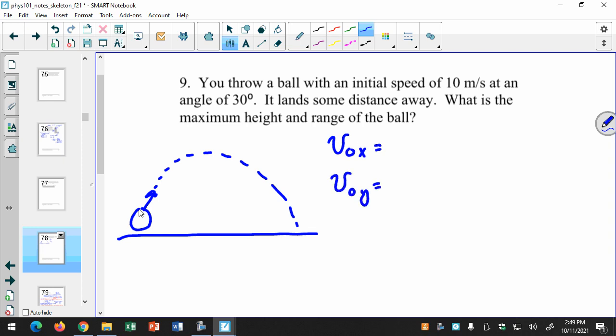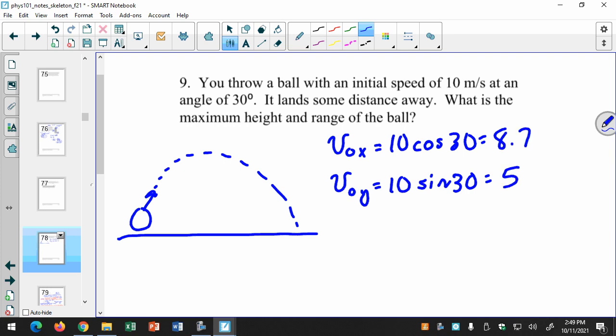V naught x is 10 cosine 30, and V naught y is 10 sine of 30. This is 8.7. This is 5. So those are my initial x and y velocities. And I want to know the height, y, and I want to know the x.